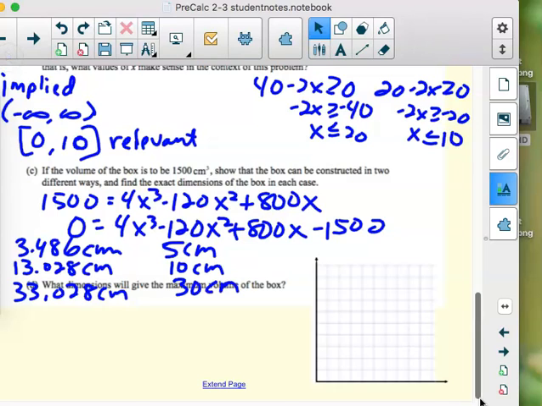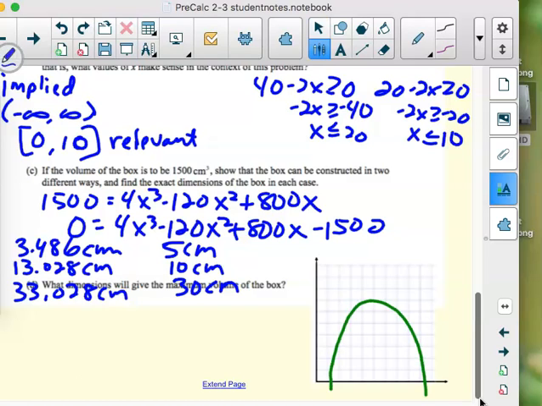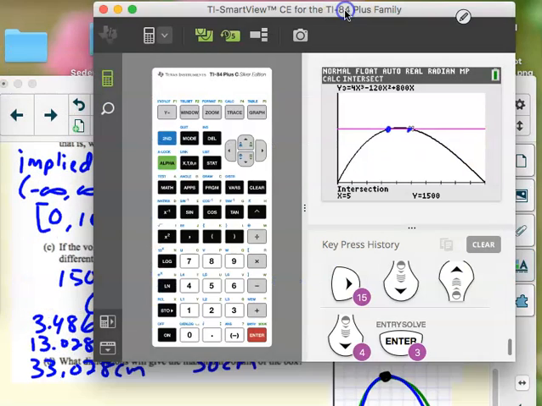And then the last part of this said, well, let's go ahead and figure out what the maximum volume of the box would be. And for that, we'd go back into the calculator and we'd find this highest point right up here. The vertex is what we would find. And we've done that before. And I know I only have about a minute left.